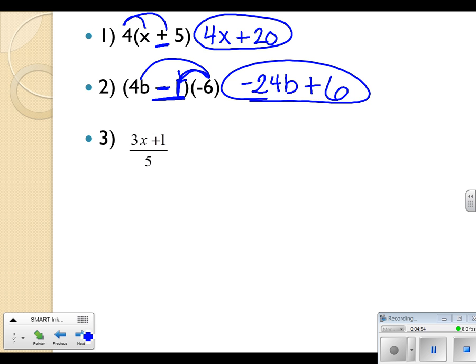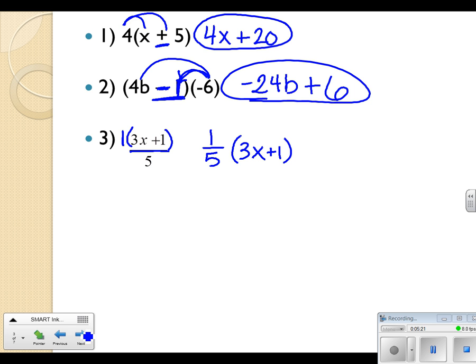For number 3, we have 3x plus 1 all divided by 5. So what I'm going to do is pretend I'm going to put this in parentheses, and I'm going to multiply that by 1. Multiplying it by 1 keeps its identity. And I'm going to look at this as 1/5, because dividing by 5 is the same as multiplying by 1/5, 3x plus 1.